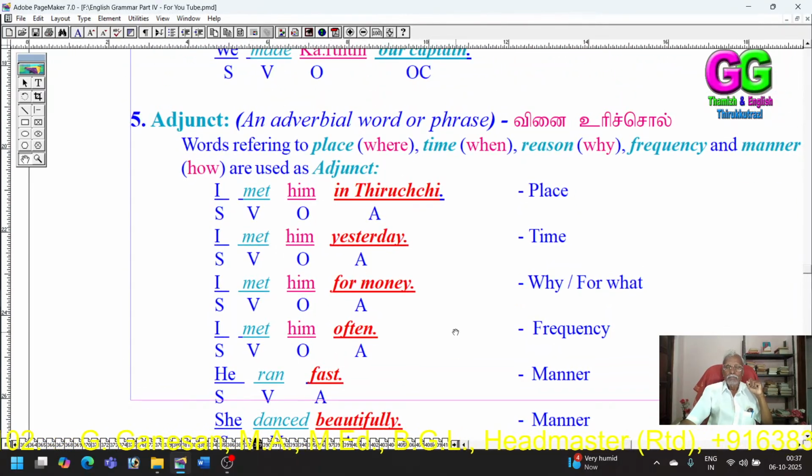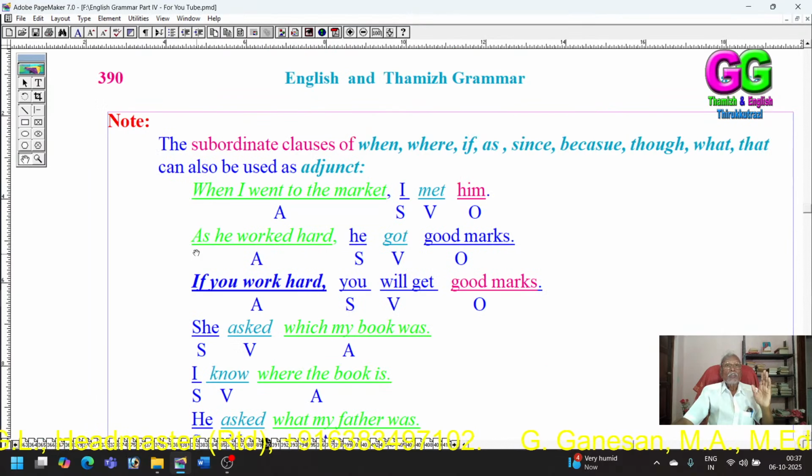My dear children, in addition to the five elements that we saw, that is place, time, reason, frequency, and manner, the subordinate classes of when, where, if, as, since, because, though, what, and that can also be used as adjuncts.